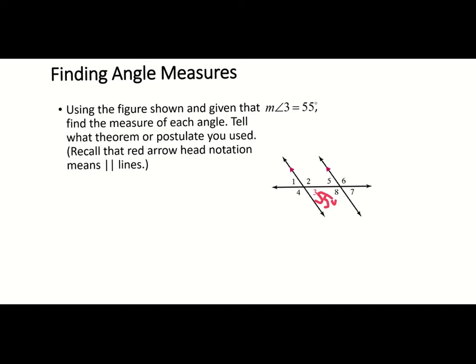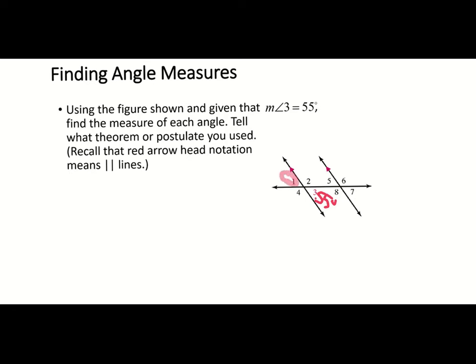Okay, so hopefully you paused the video and you're back to check now. When I look at this, I'm going to start and just think of simple stuff we learned in chapters 1 and 2. I know that angle 3 and angle 1 are vertical angles.